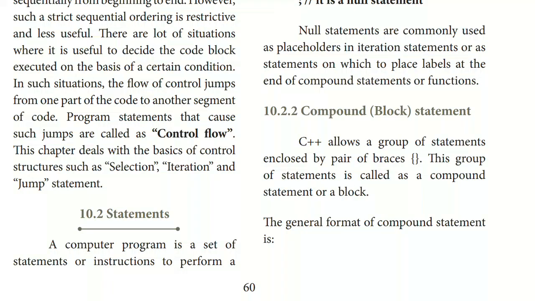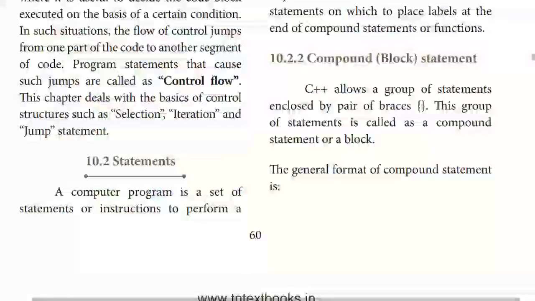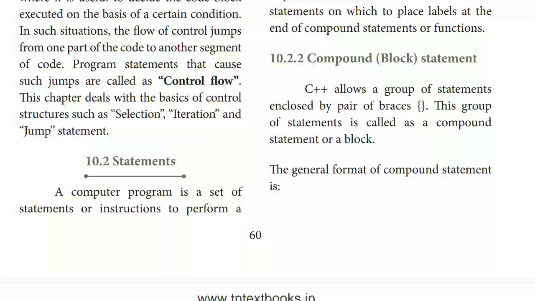Likewise, a bundle of statements is combined to form a block of statements, a compound statement. C++ allows a group of statements enclosed by a pair of braces. These curly brackets are used to form this block of statements.